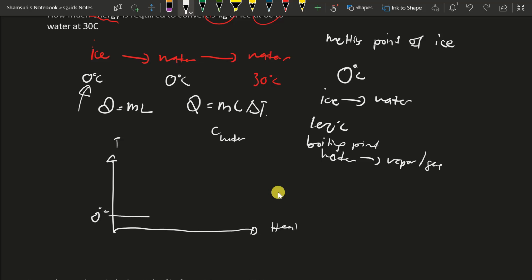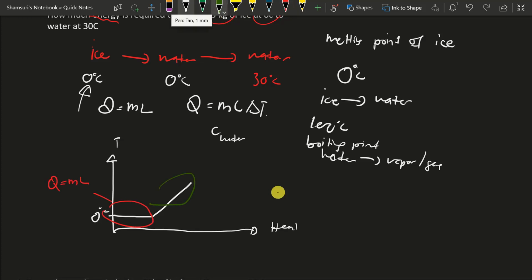The temperature then increases. Here the process is Q is equal to mL, and here it goes to 30 degrees.